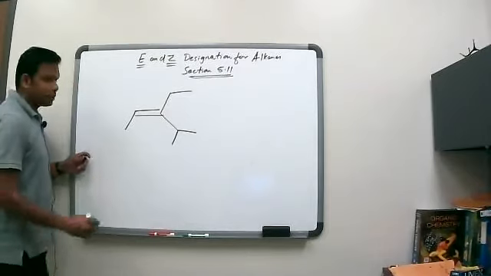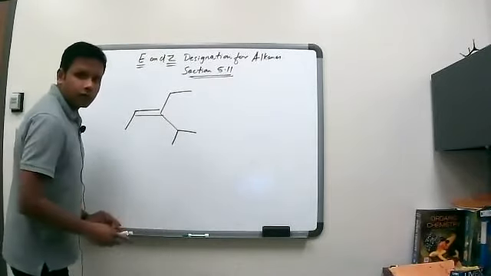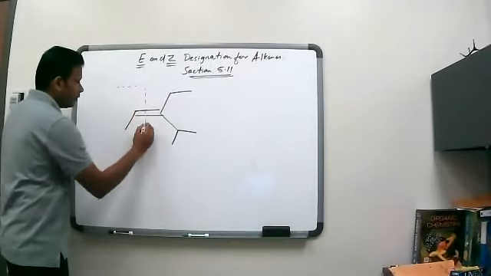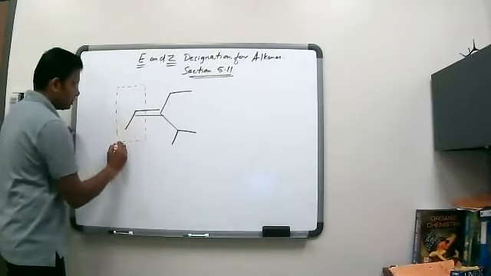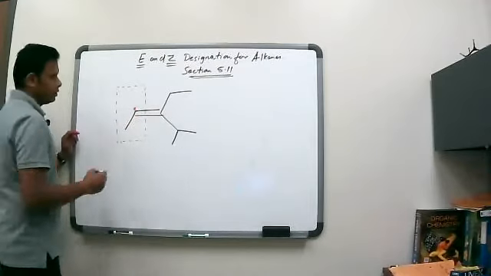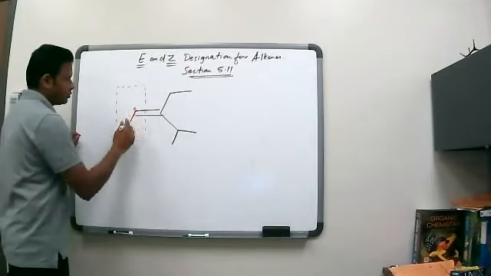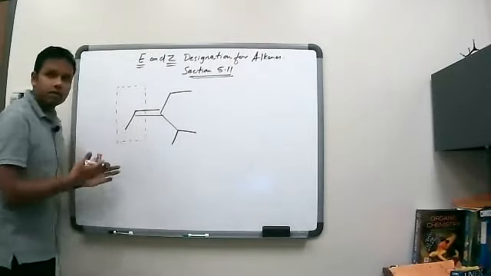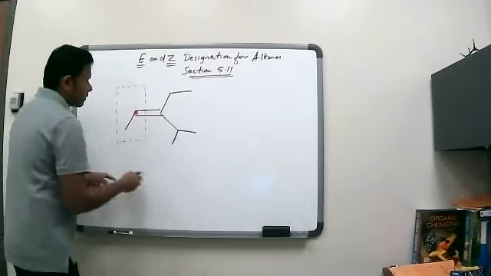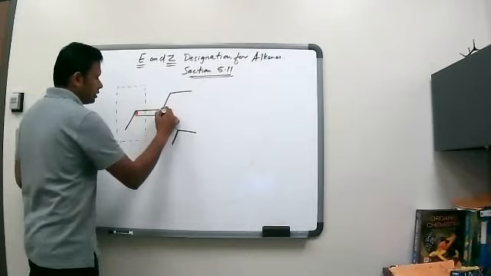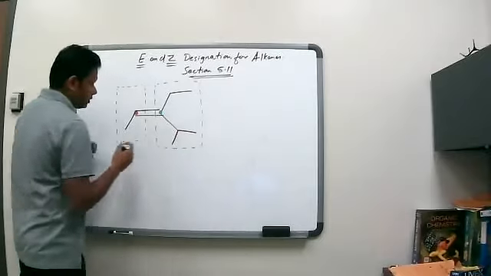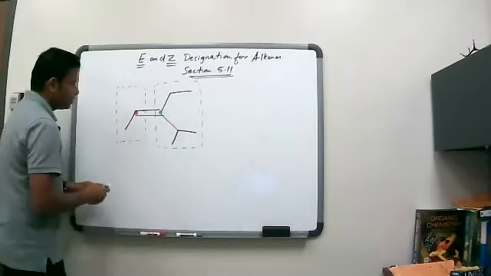So for assigning the E and Z configuration, we basically consider the two double bonded carbons. That is what we're focusing on here. I don't want to use a star because it's not a chiral center. On this carbon here, and we're focusing on the other double bonded carbon.